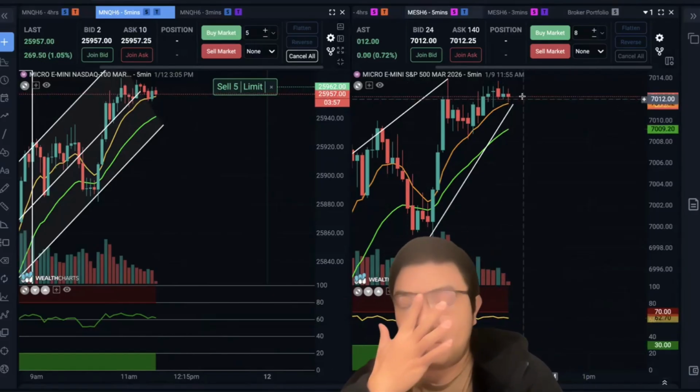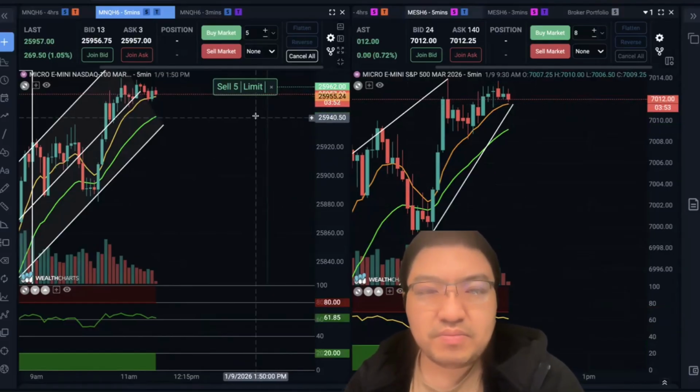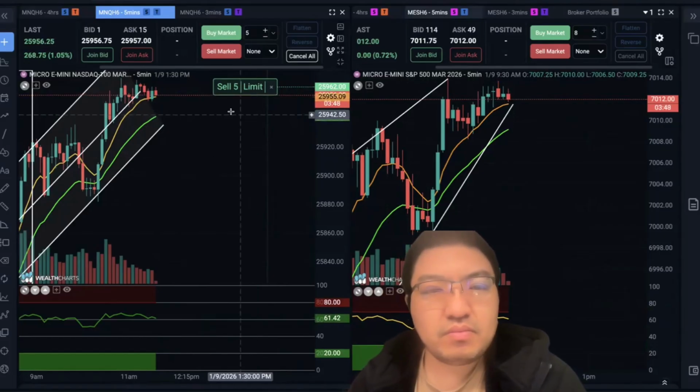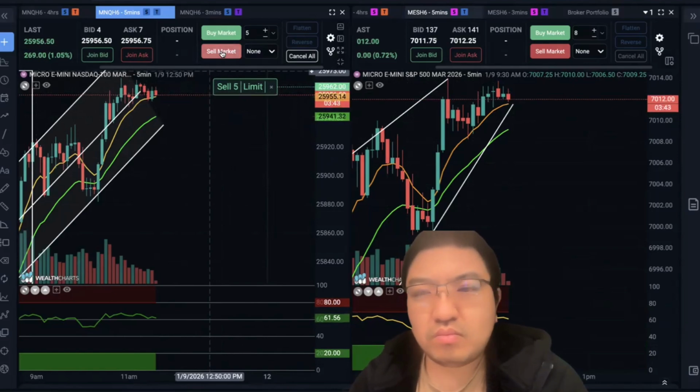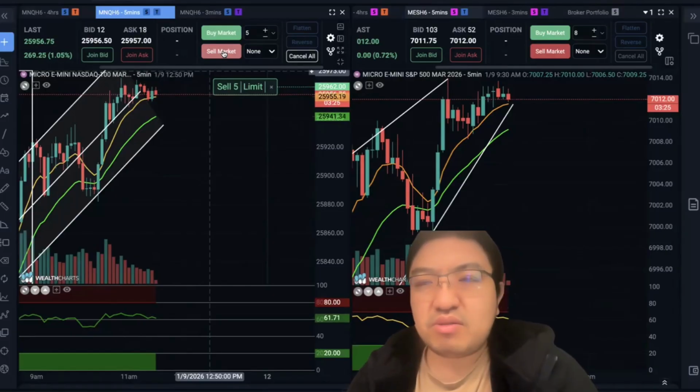We would like to see 4 more minutes, it may get rejected and fool me. Okay, it creates a lower low. NQ is still in the middle. Can it break the EMA 9? That's my question.